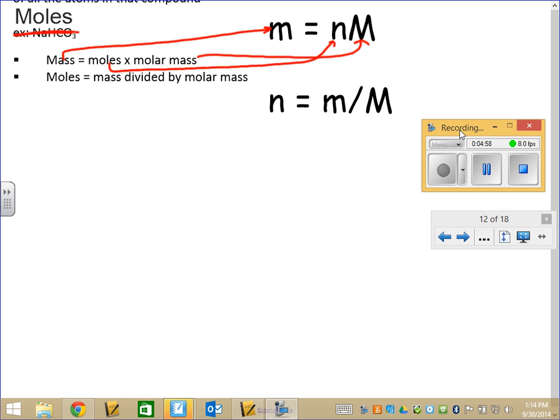The other thing that would be important for you to take note of is what unit everything is in. N is measured in moles, mass is measured in grams, molar mass is measured in grams per mole.